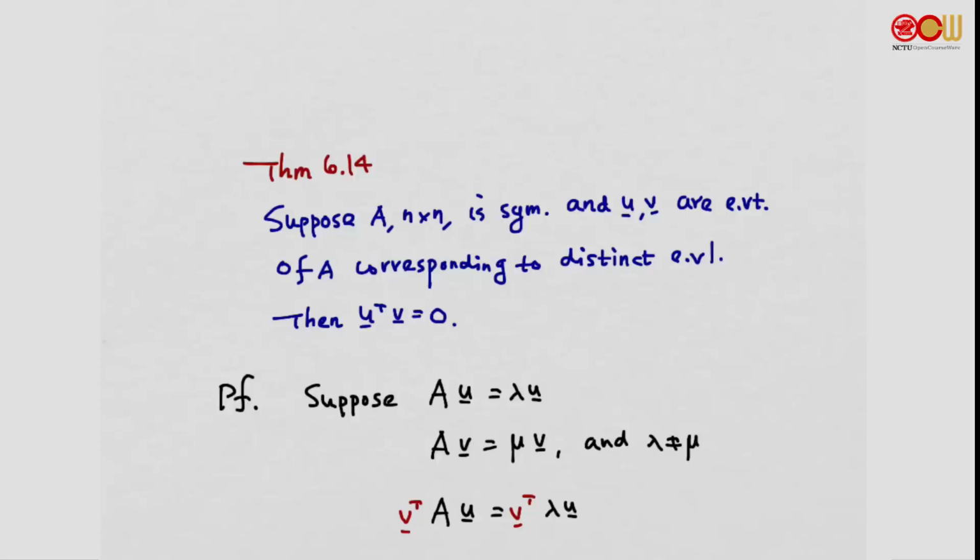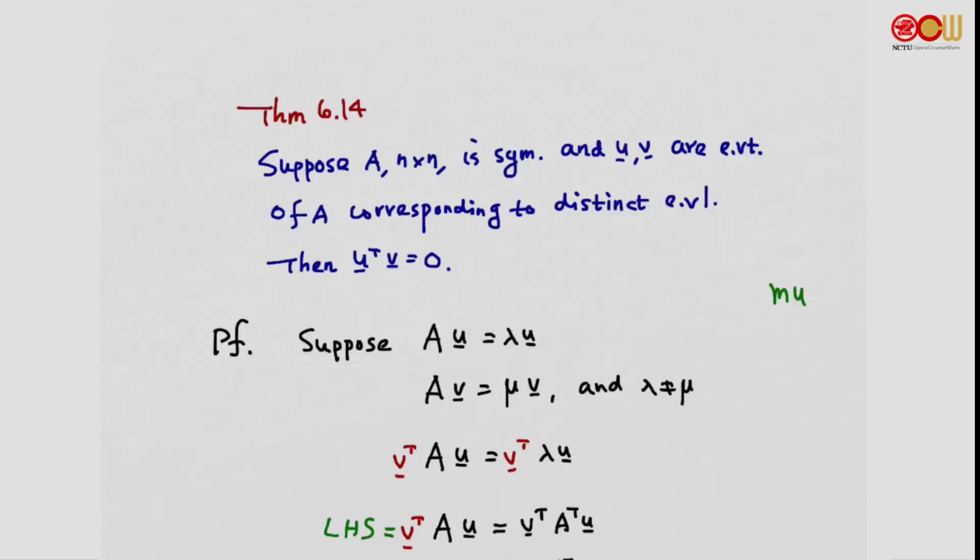A is symmetric, u and v are eigenvectors corresponding to different eigenvalues. So let's say Au is lambda u and Av is mu v. This one reads mu. And lambda and mu are not the same. Now let's multiply both sides of the first equation by v transpose, and let's observe the left-hand side of this equation.